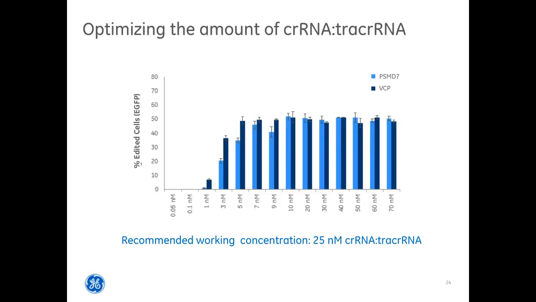Now as you can see, we saw a plateau around 10 nanomolar concentration, and we didn't really see improvement as things went higher. So our general guideline is to work with 25 nanomolar concentration, because you really don't want to be on the low end of the working range, but rather more in the middle.